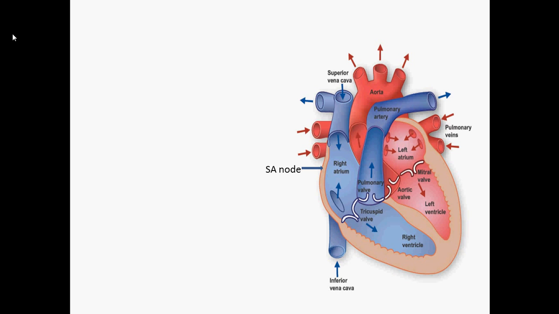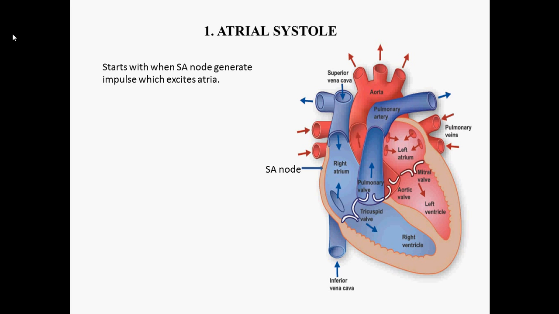Atrial systole. Atrial systole starts when the SA node, which is present on the posterior aspect of the right atrium where the superior vena cava joins the right atrium, generates the impulse. This impulse excites the atria, and with the generation of that impulse the atrial systole starts.